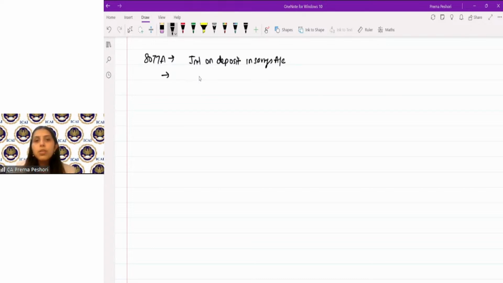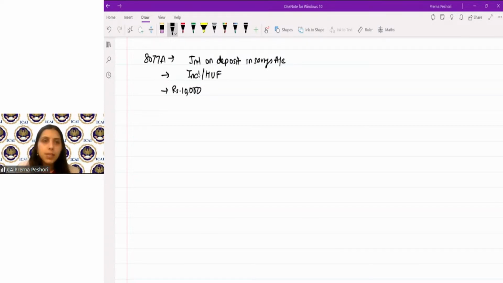This is provided to the individual or HUF, and this is up to rupees 10,000. A 10,000 deduction is allowed for the interest on deposits with a bank, cooperative bank, or a post office. This is not available to a senior citizen.